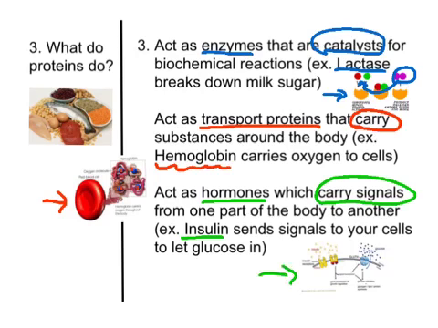So we can see here that we've got insulin that is basically tickling the cells, telling them, hey, look, there's glucose here, let it in. Okay, so that's its main job. And again, that's a protein that our body makes to help us send signals around it.